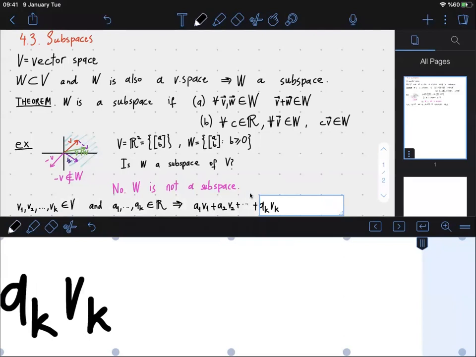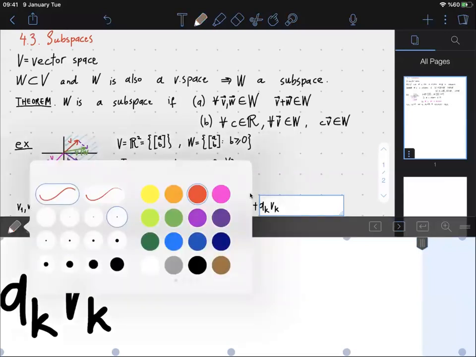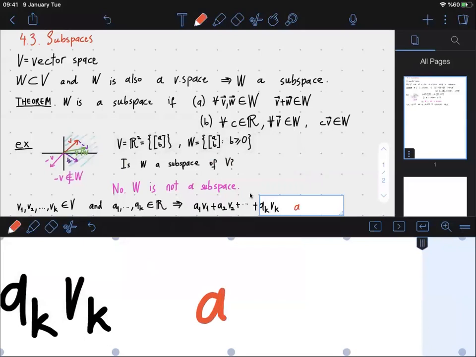What is this result? This whole sum is still a vector, right? Because I'm multiplying vectors with numbers and then adding them. So the result is still a vector in the same space. And this result is called a linear combination.